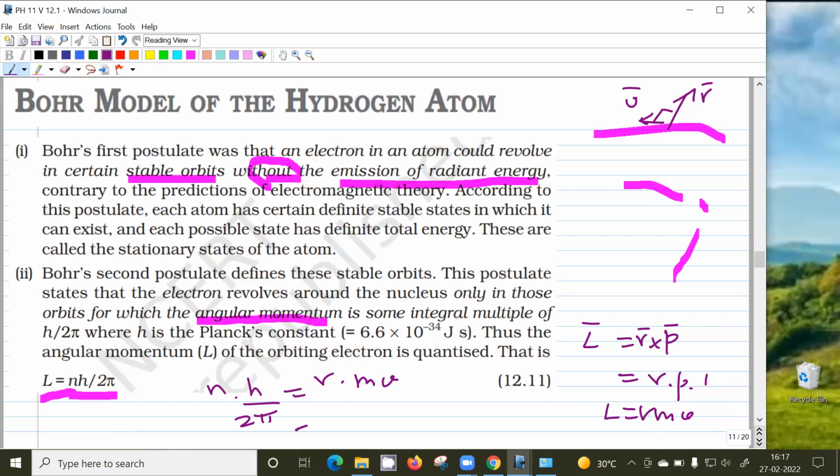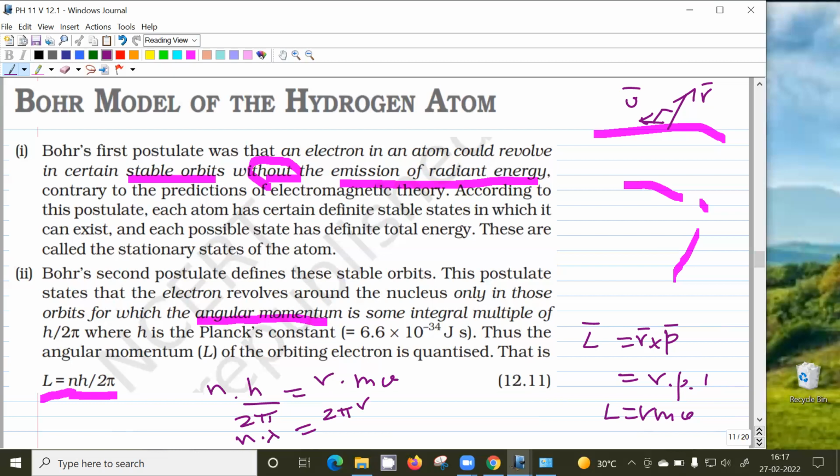Now I can rewrite this as 2 pi r equals n times h by mv. Here mv is momentum, and h by p is what? Wavelength, lambda.